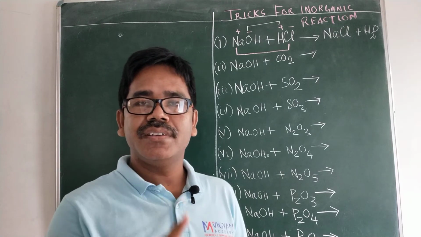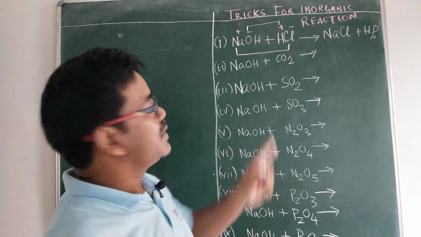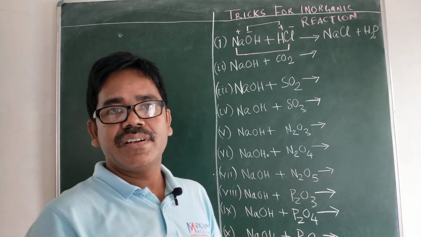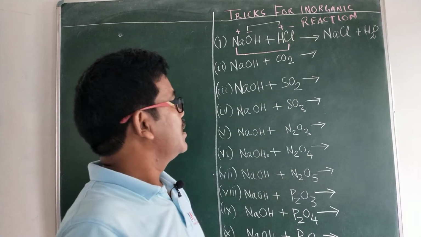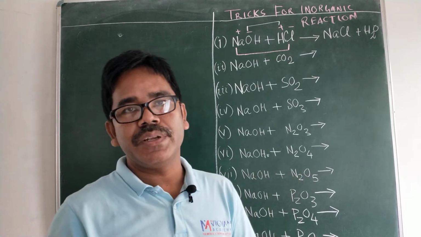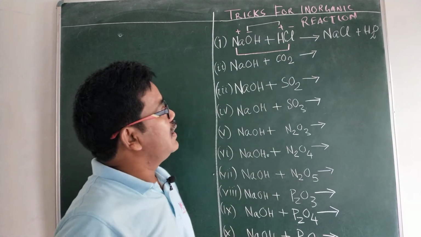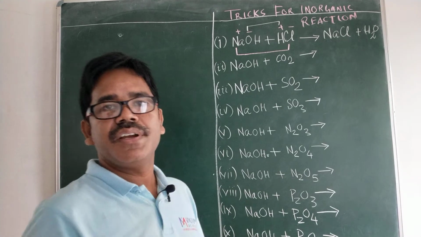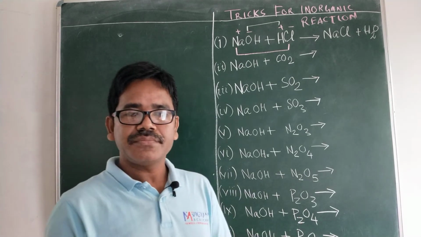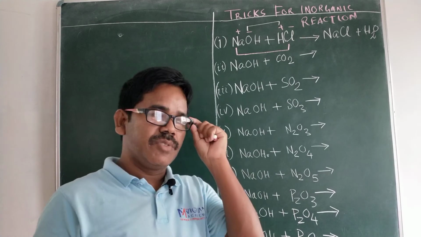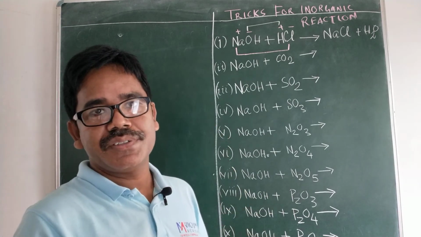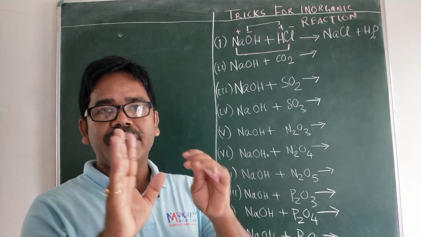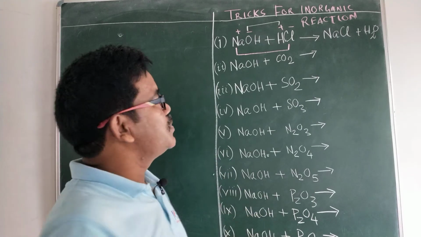Na plus combines with the Cl minus and H plus combines with the OH minus. Double displacement reaction. Here ion exchange is taking place and we are getting NaCl plus water. One is salt, other is water. We know acid reacts with base and gives salt plus water. Very simple. This concept we learned in class 6, 7, I suppose. That reaction also we learned in class 7. Ion exchange reactions, double displacement reaction.